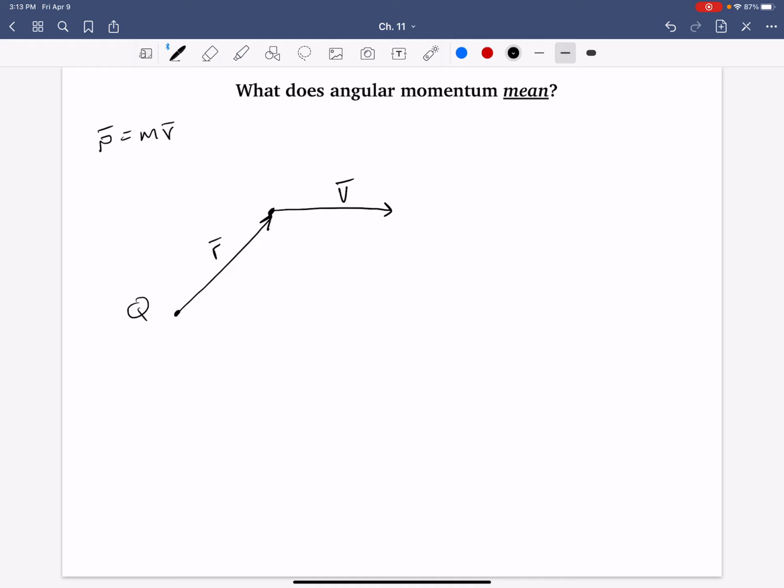Now, if I were to translate r up along that line, the angle in between r and v is theta, right there. Remember, put those vectors tail to tail. And this is the angular momentum, right? Notice the object isn't really arcing. It's actually traveling in a straight line.